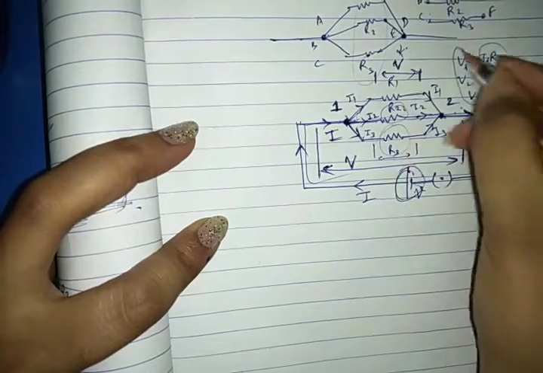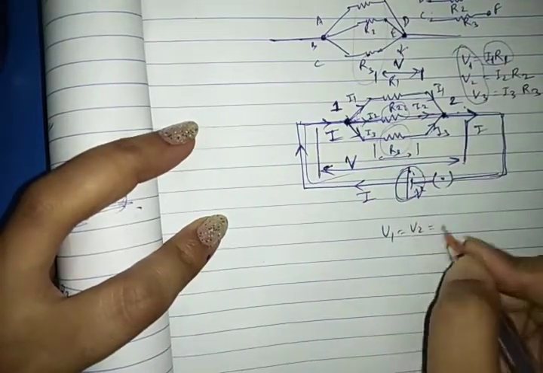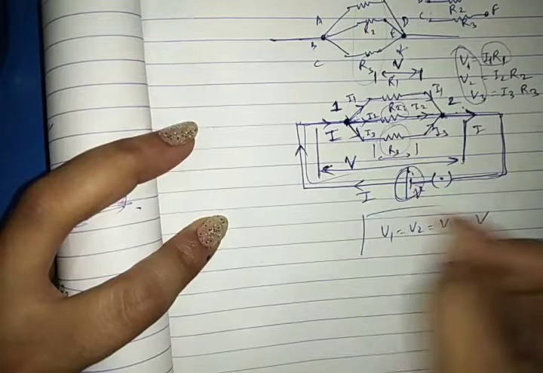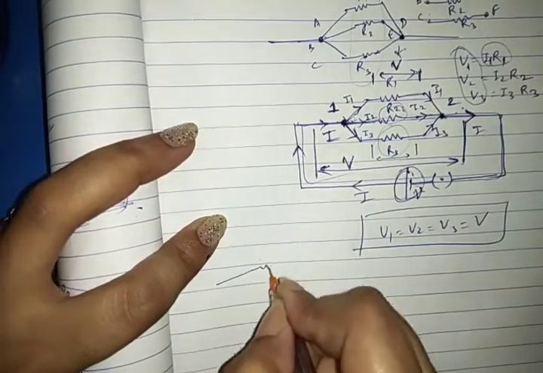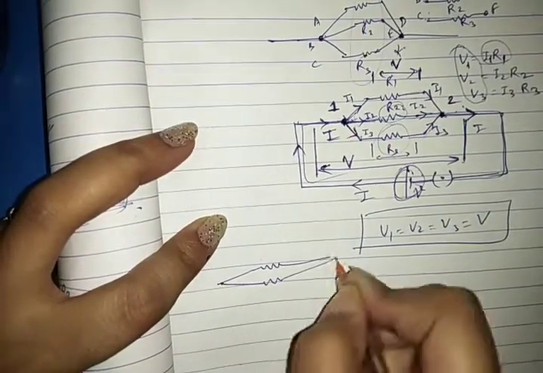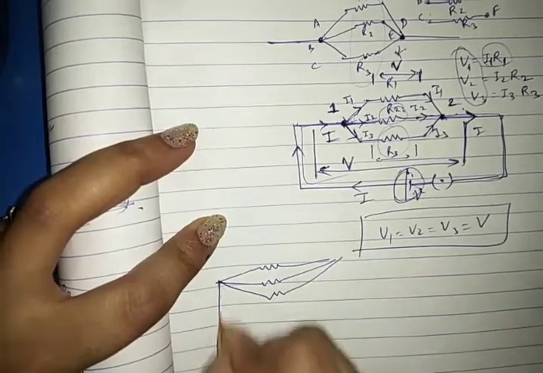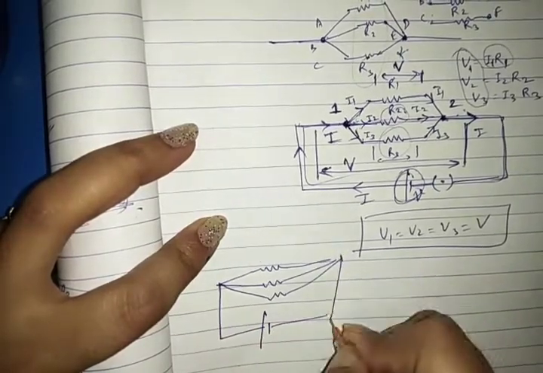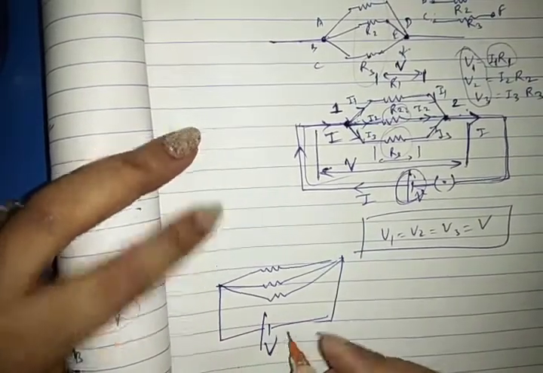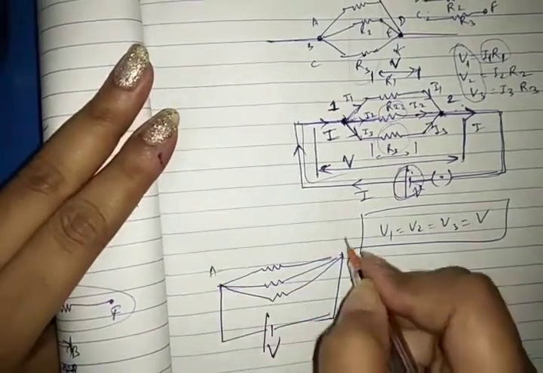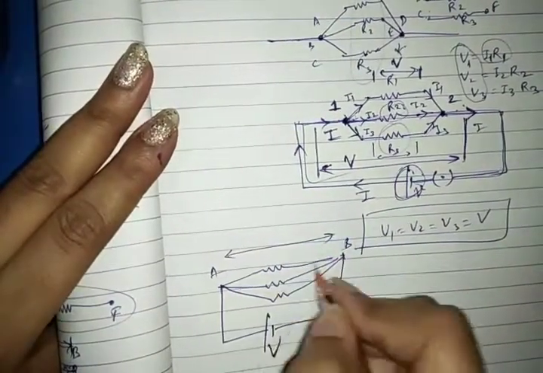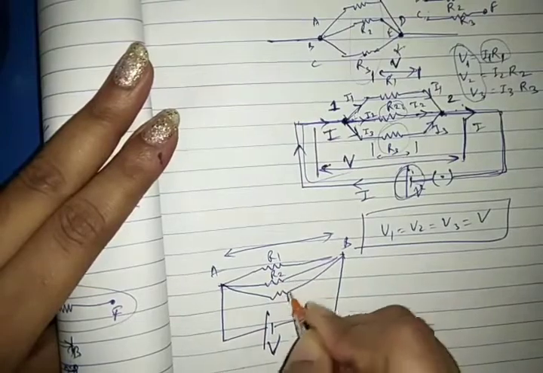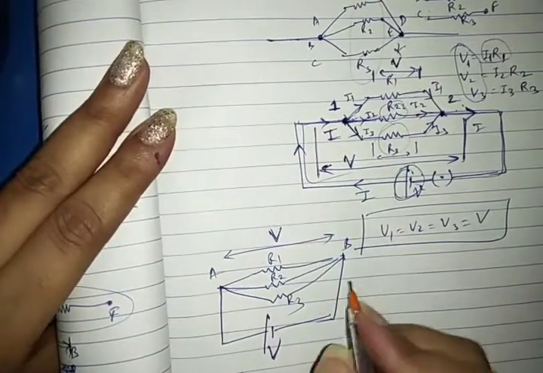So these potentials V1, V2, V3 are nothing but V only, because we applied potential V here. So this V will be the same for all these 3 resistors.